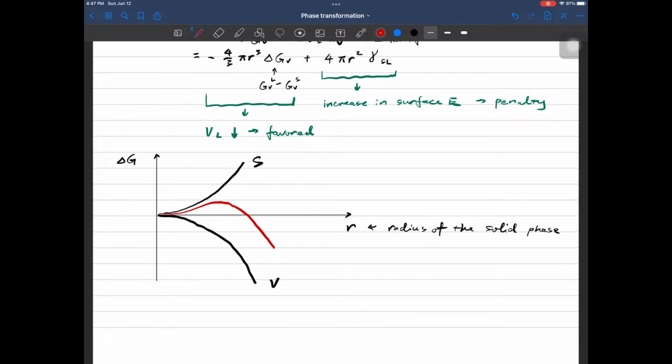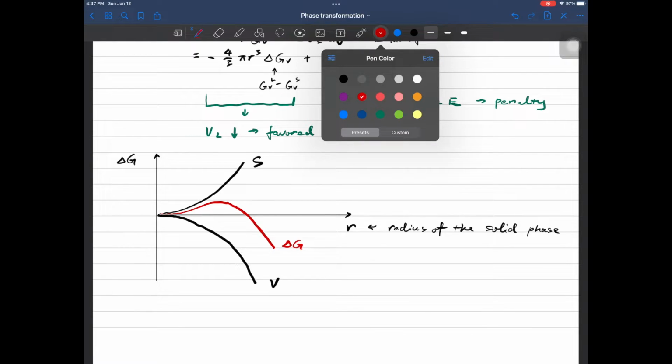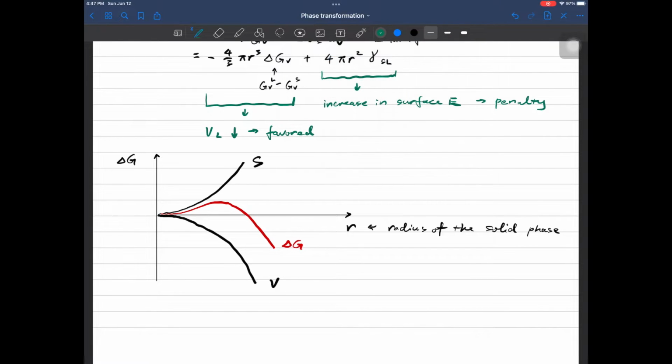Initially, as r increases, delta G increases, but after a critical point, delta G decreases as r further increases. We call this turning point the critical radius. The critical radius can be mathematically expressed by differentiating the above equation to get 2 times gamma over delta GV.